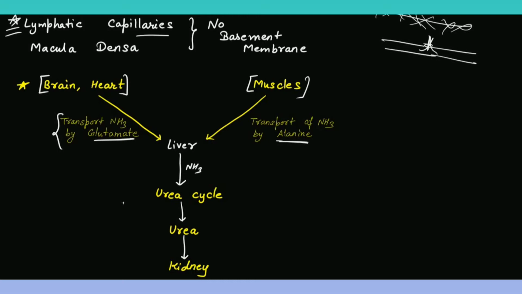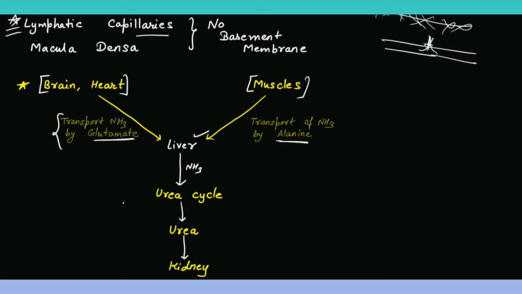When the brain, heart and muscles have high ammonia, glutamate takes the ammonia from the brain and heart and gives it to the liver.